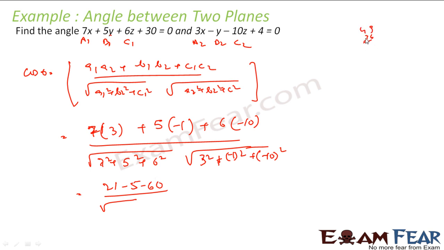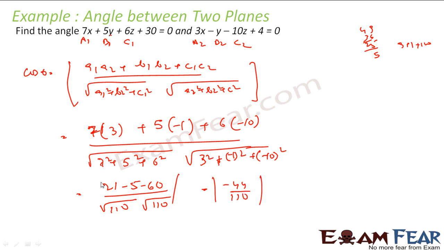By root of 49 plus 25 plus 36, which is 110. And this guy is 9 plus 1 plus 100, this guy also 110. Correct? This is nothing but minus 44 by 110.